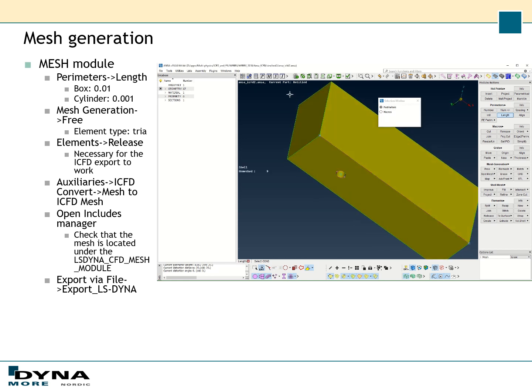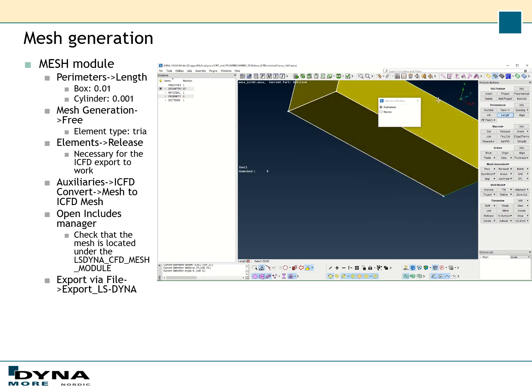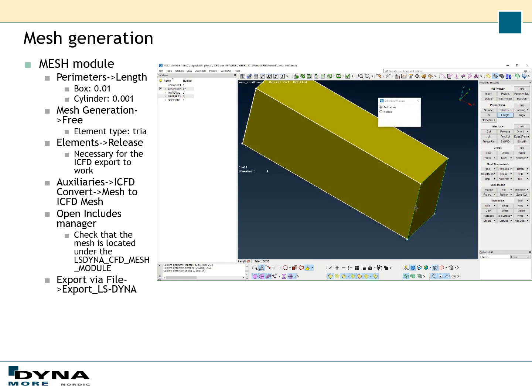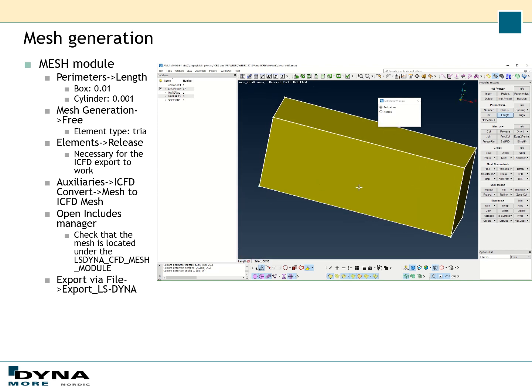Next we pick the remaining edges, and to speed up the simulations we can set the perimeter length here to 1 centimeter.